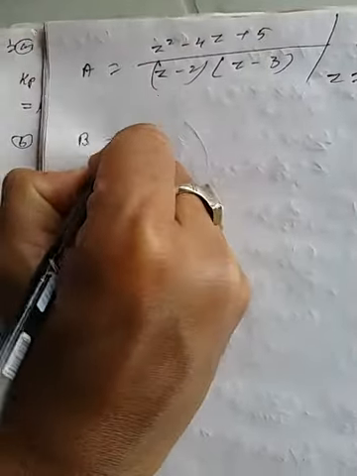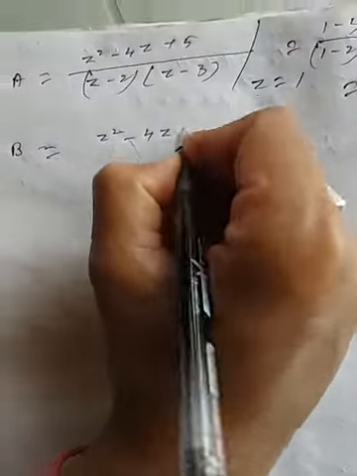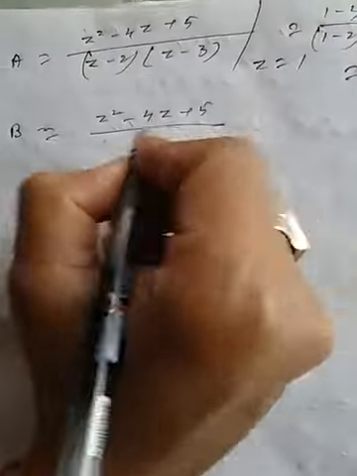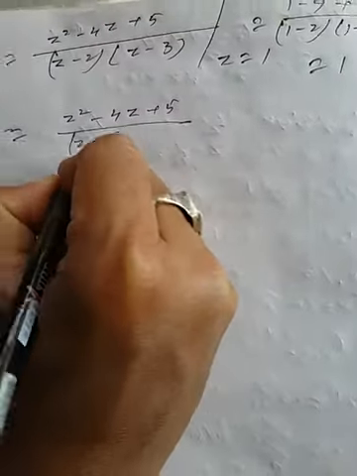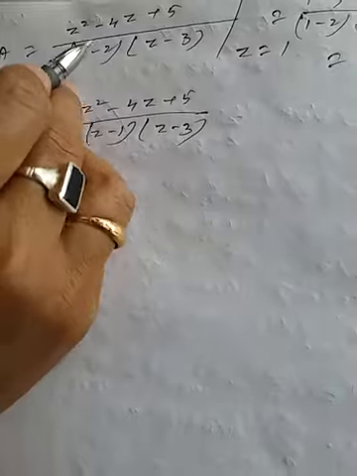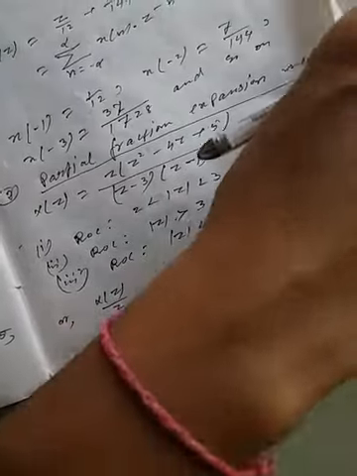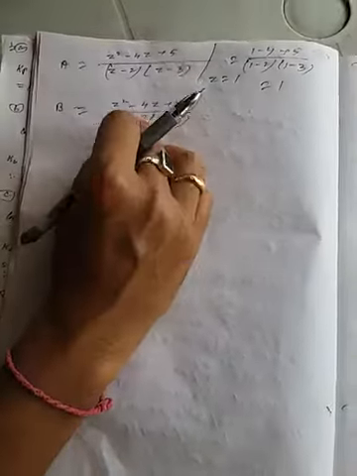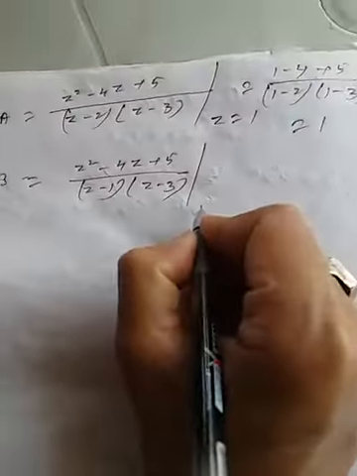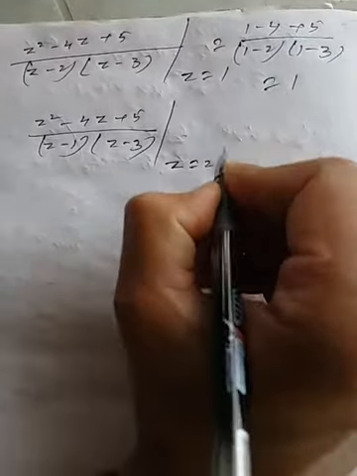So B will be equal to z squared minus 4z plus 5 divided by z minus 1 and z minus 3. Here B is for the factor z minus 2. So the z minus 2 portion will be omitted from this quantity, and put the value z equal to 2.